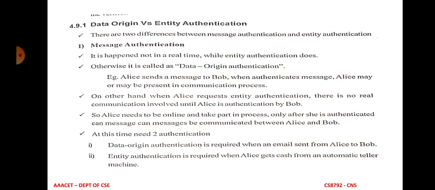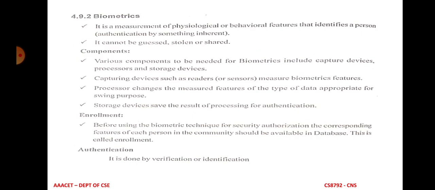That is not real time, because I can send a mail at one time, but another person can receive the mail at any time. So that is not real time. Real time happening is called entity authentication. You have to remember the examples: email is data origin authentication, and taking an amount from an ATM is entity authentication, because a person has to take the amount from the ATM, right? So that is entity authentication.